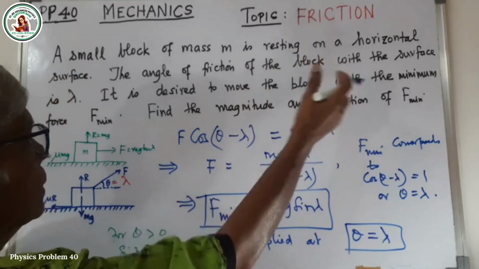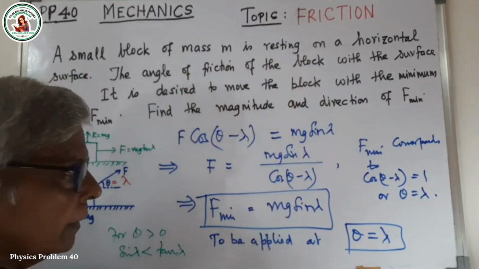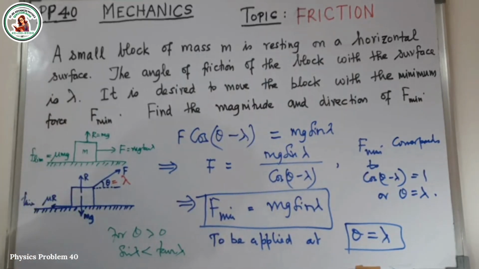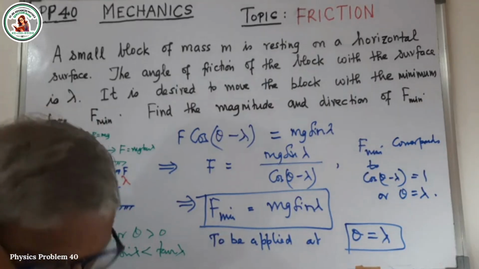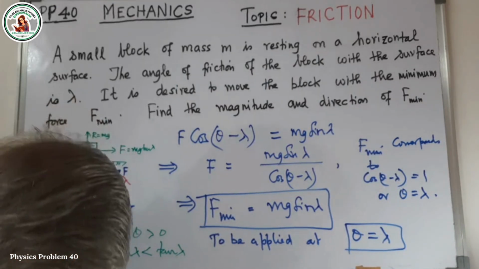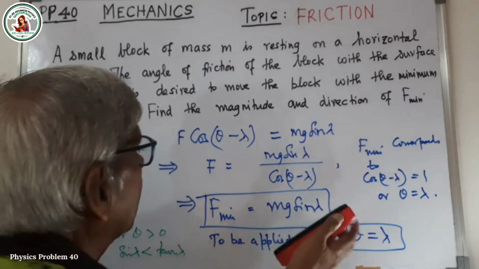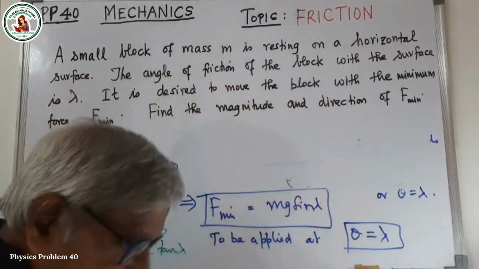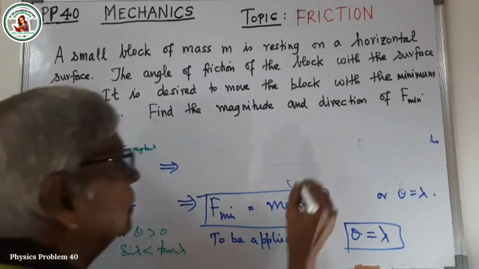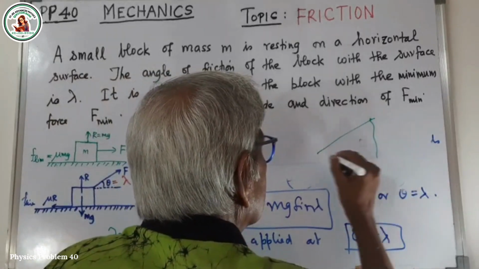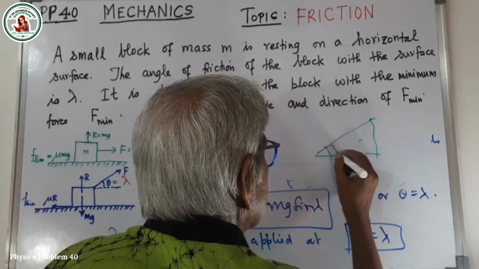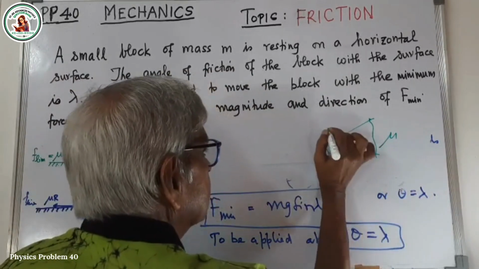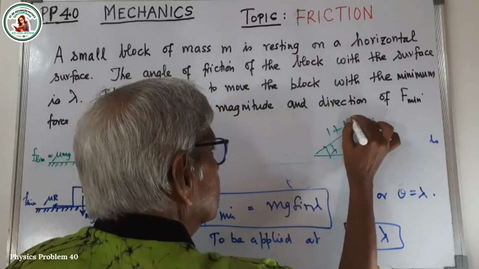Instead of giving the angle of friction, they have given the coefficient of friction itself directly as mu. So you can express this answer in terms of mu also. Because tan lambda being mu, sin lambda is mu by square root of 1 plus mu square.